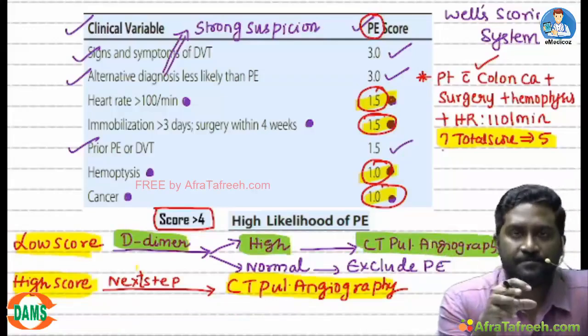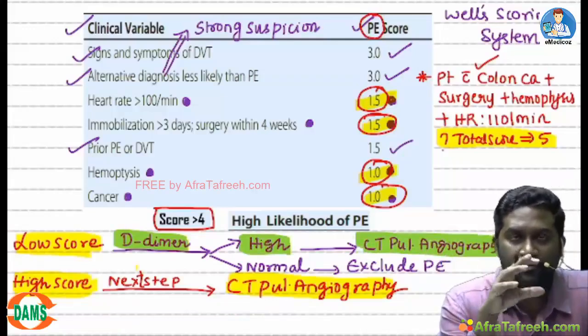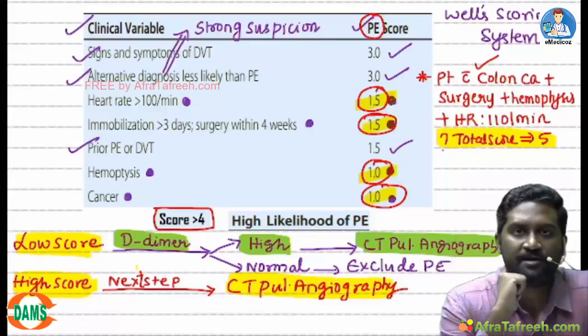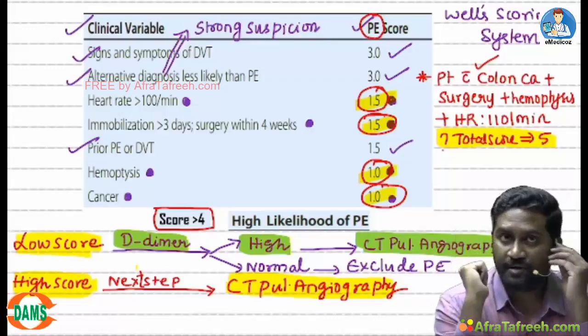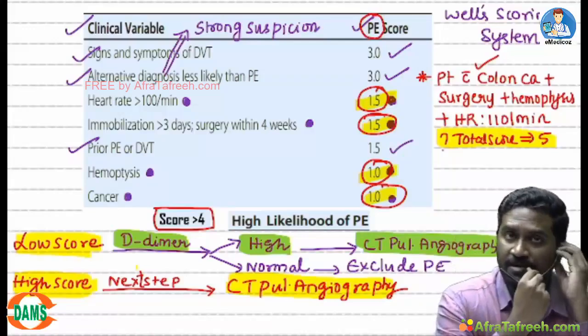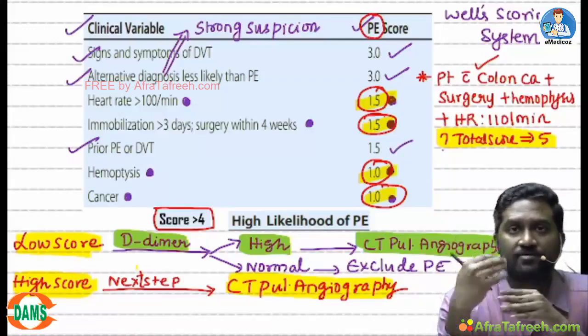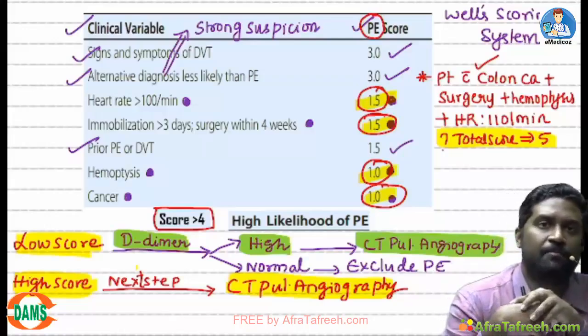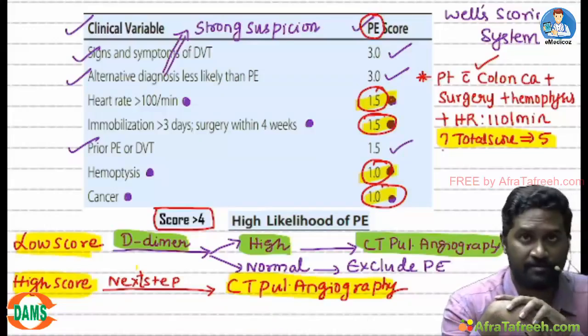So this is a rough estimate of how you should approach further. High score, directly advise CT pulmonary angiography. Low score, get a blood test done, D-dimer, and depending on it, if it is high, you can go for CT pulmonary angiography. If it is normal, you can exclude pulmonary thromboembolism.